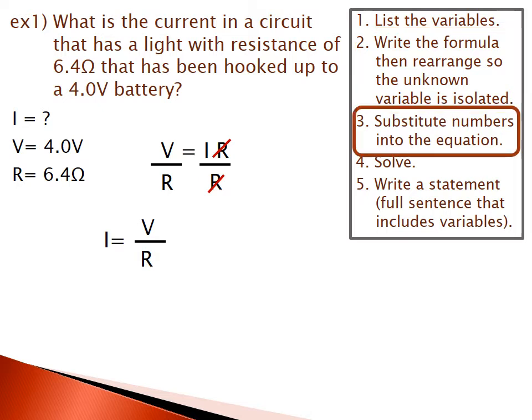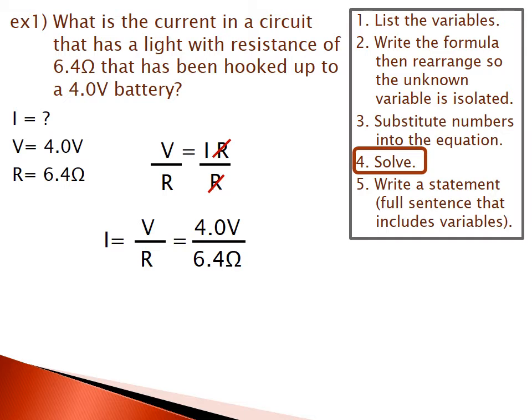Now that I have I by itself, I can substitute numbers into the equation. V is 4.0 volts, R is 6.4 ohms. So 4.0 volts goes on the top, 6.4 ohms goes on the bottom. I will now solve by placing it into my calculator.